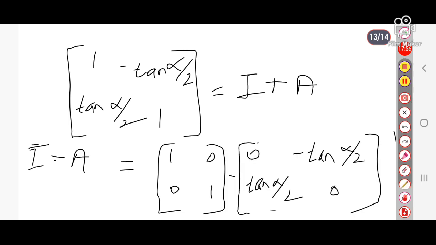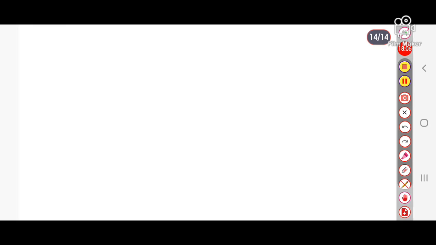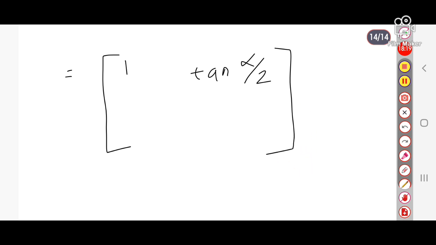So this is the identity matrix and this is the A matrix, 1 0 0 1 minus this value. So this yields the value of I minus A as 1 tan alpha by 2, because 0 minus minus tan alpha by 2 will give you tan alpha by 2. 1 minus 0 is 1. This is minus tan alpha by 2. So this is what we get when we find the value of I minus A.